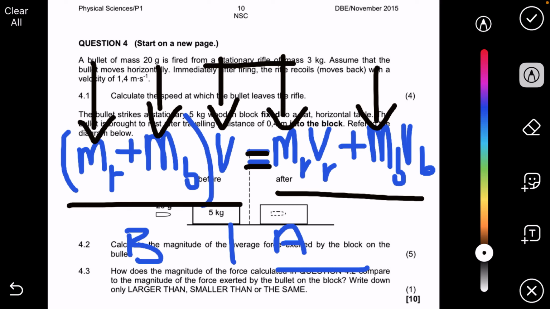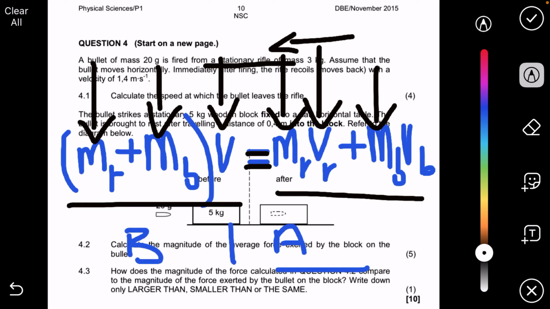So guys, let's now have a look at the situation after. We are given the velocity of the rifle after firing. Very, very important, ladies and gentlemen, and most importantly, remember it moves in that direction. So you should be careful in terms of the signs.